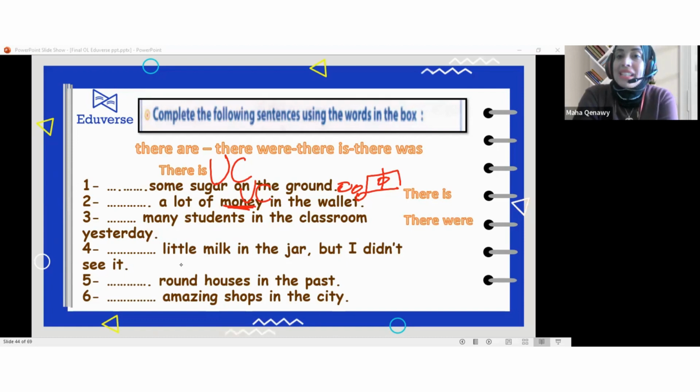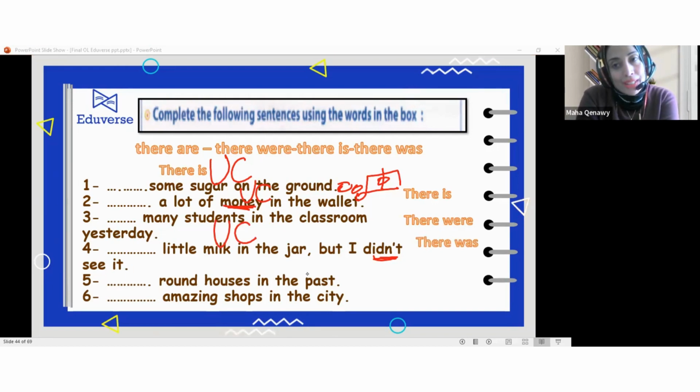Little milk in the jar. Little milk, but I didn't see it. I guess there is a sign of the past. I did not see it. It's past simple. So there was, because it's uncountable, singular in the past. Round houses in the past.